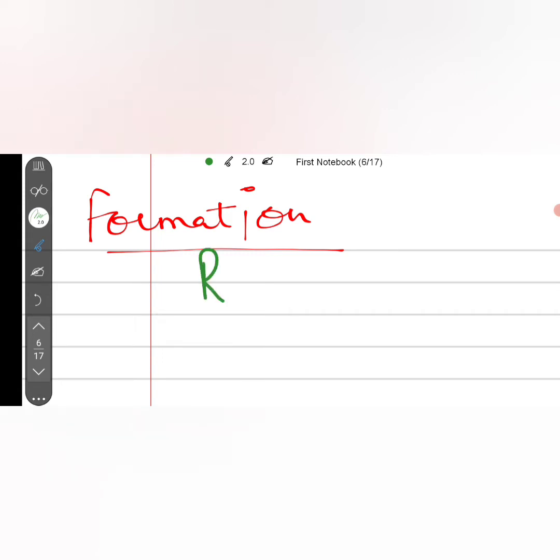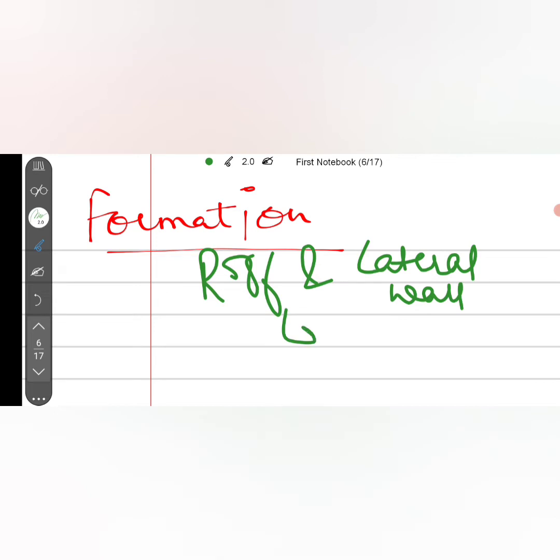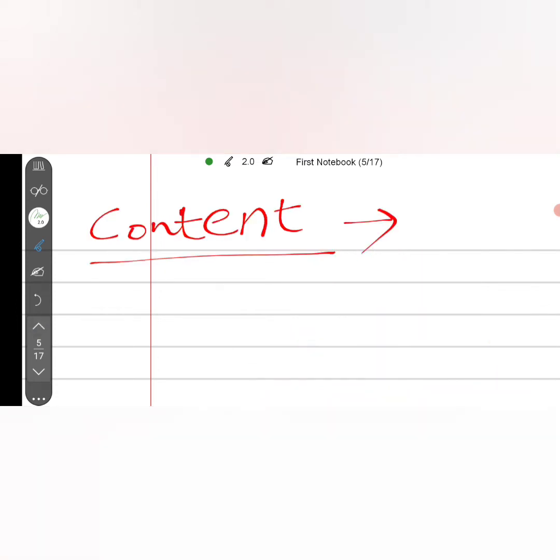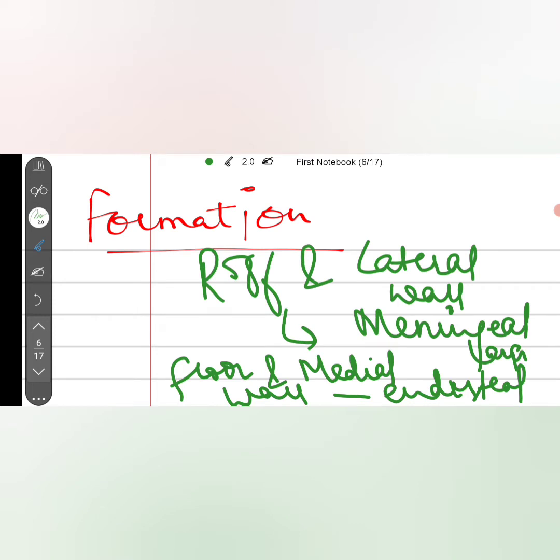So the roof and the lateral wall of the cavernous sinus are formed by the meningeal layer of the dura mater, whereas the floor and medial wall are formed by the endosteal layer of the dura mater.